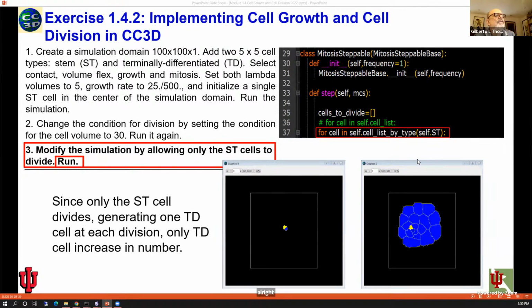Oh, yes, I forgot to mention this question here about cell type. Okay, if you did the exercise, please answer the poll here.